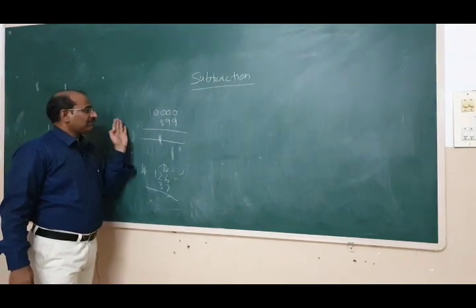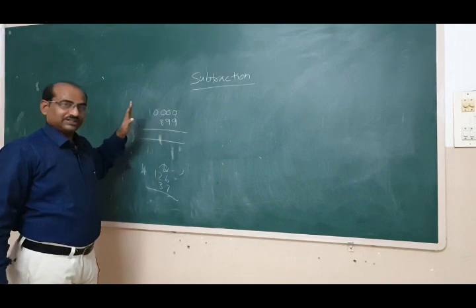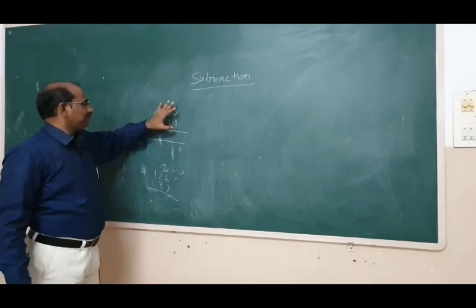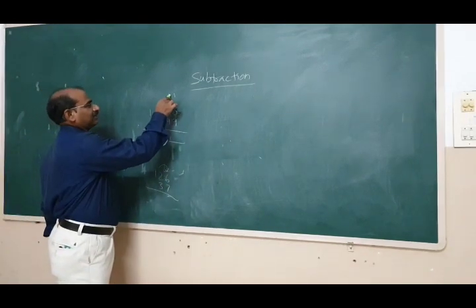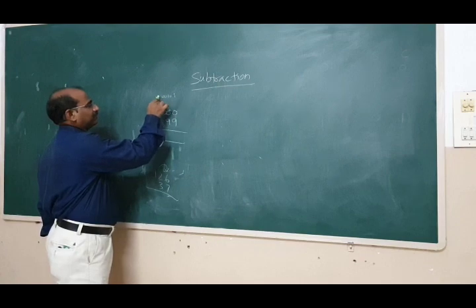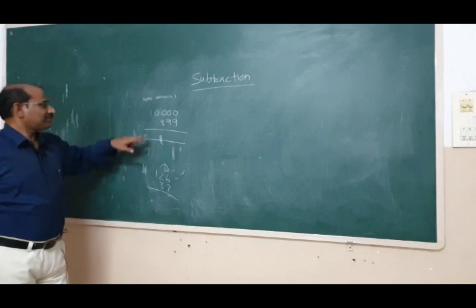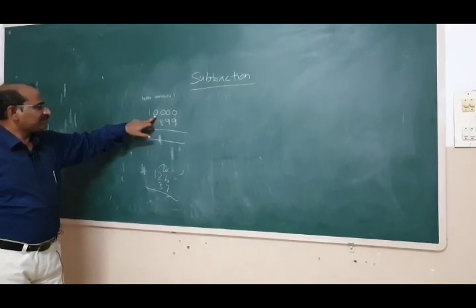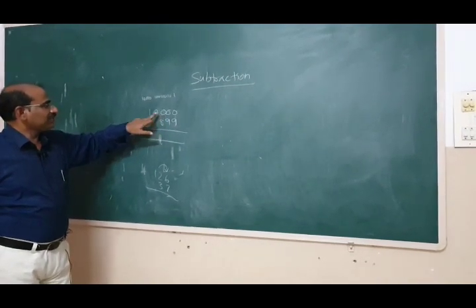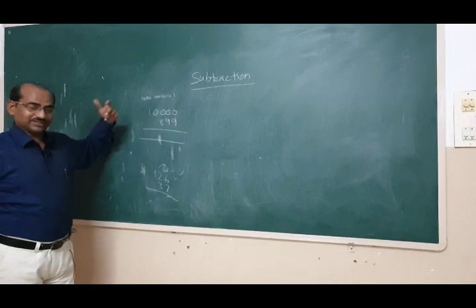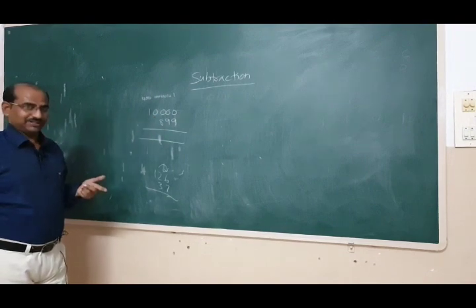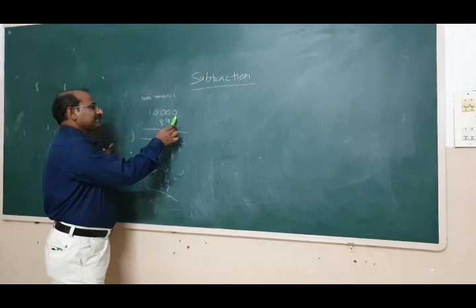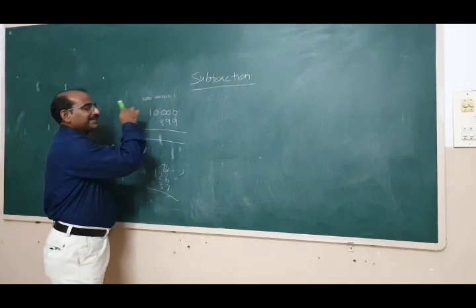For that, what we are borrowing here, you should have clarity. Here the place values are 1, 10, 100, 1000 and 10,000. So when you are borrow a digit from here to here, you are borrowing thousands. Keep it in mind. But each level is multiplied by 10.